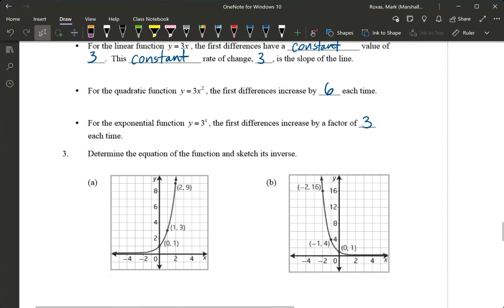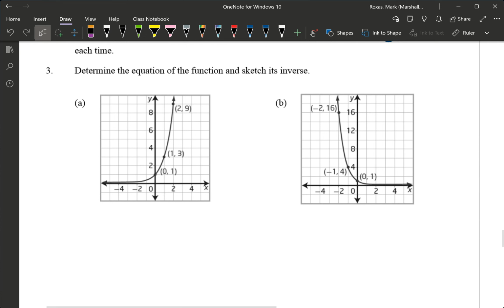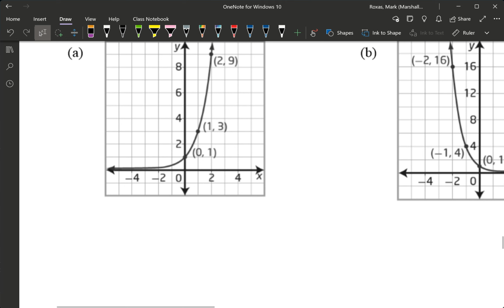Okay, let's look at number 3. Determine the equation of the function and sketch its inverse. When you try to determine the function, the form we're going to use is y equals a times b to the x.